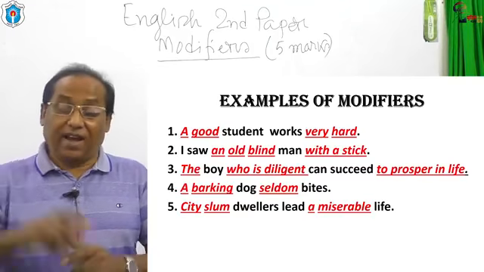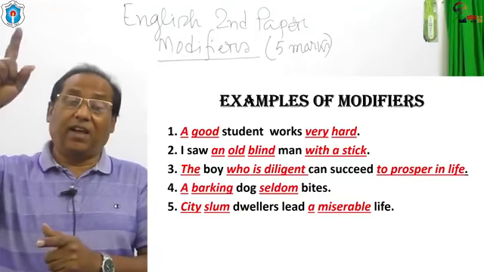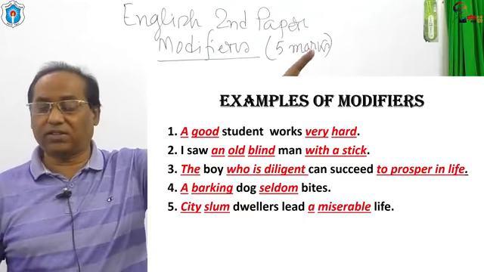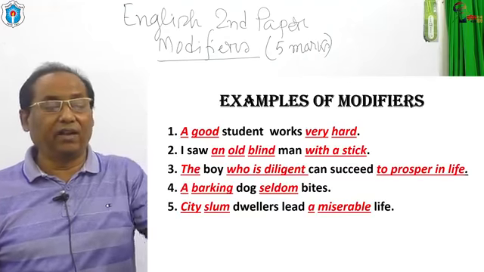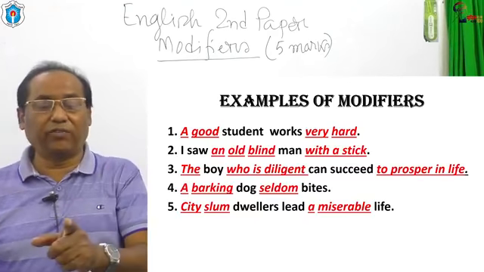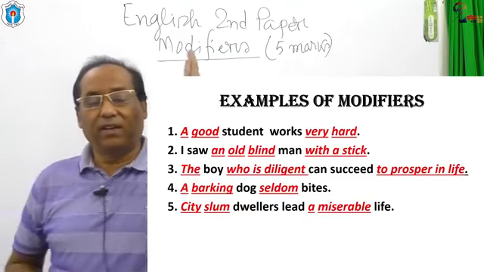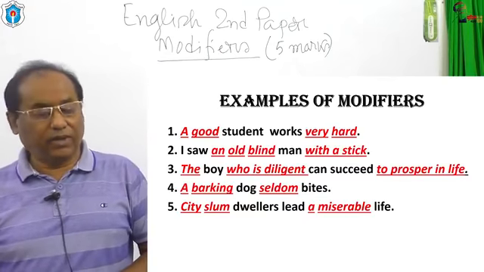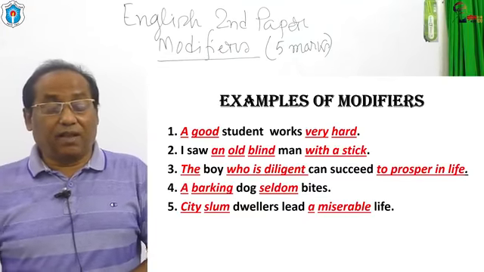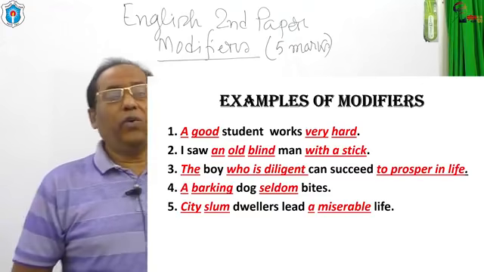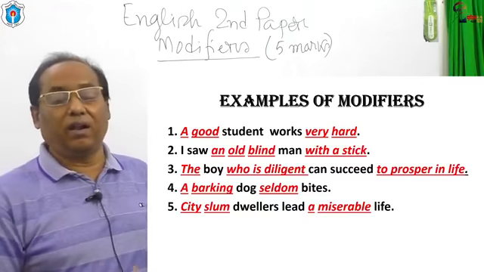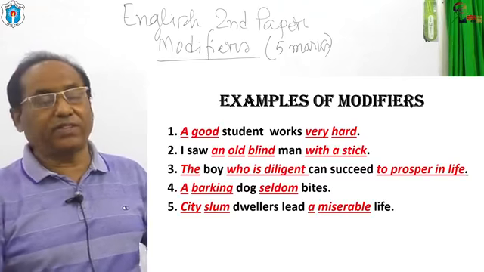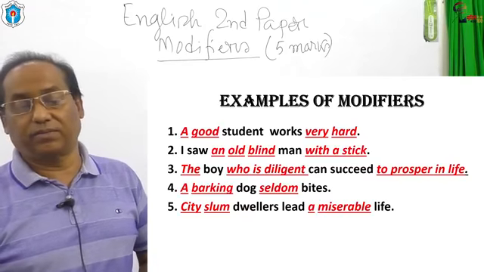Okay? Hard is a modifier modifying works. Again, very is another modifier modifying the adverb hard. Do you understand? To know modifiers, you have to learn different parts of speech, phrases and clauses. Okay?